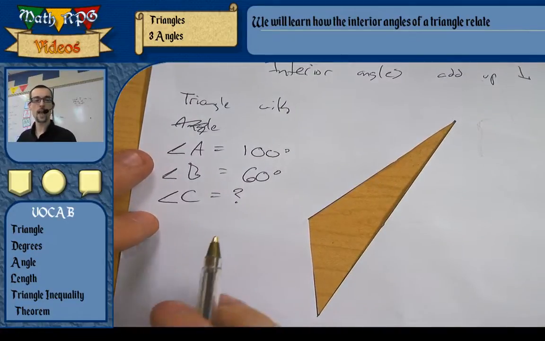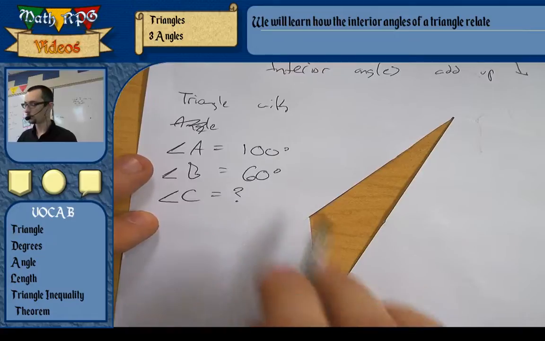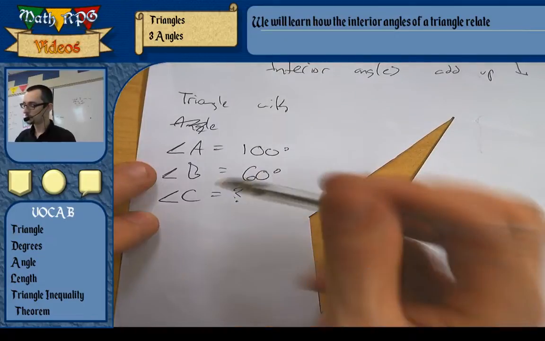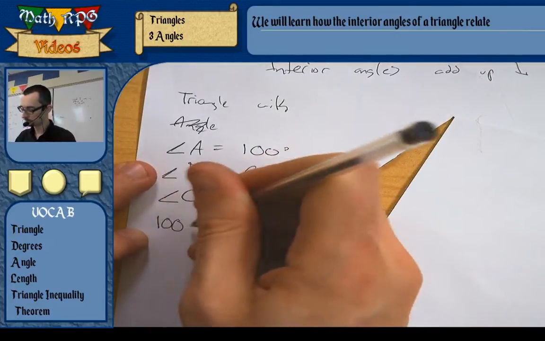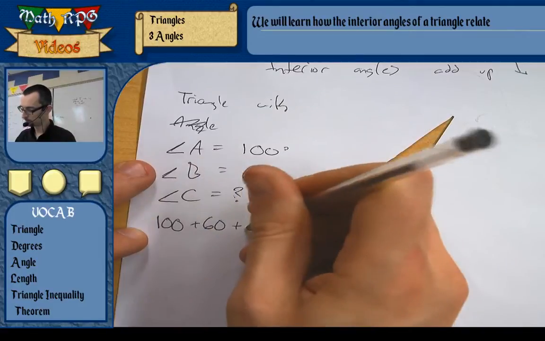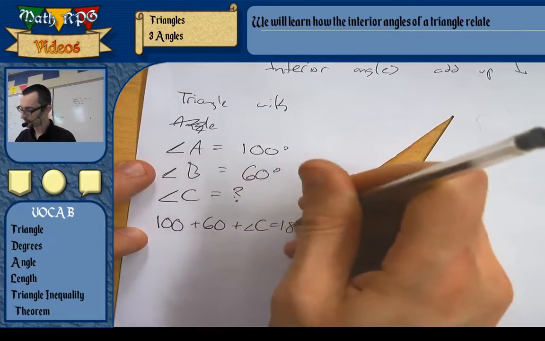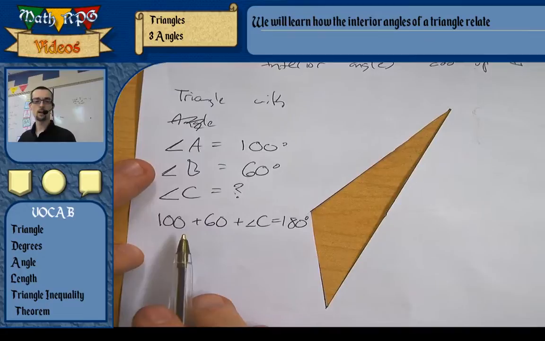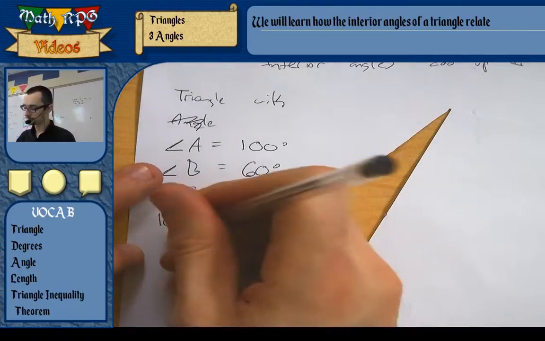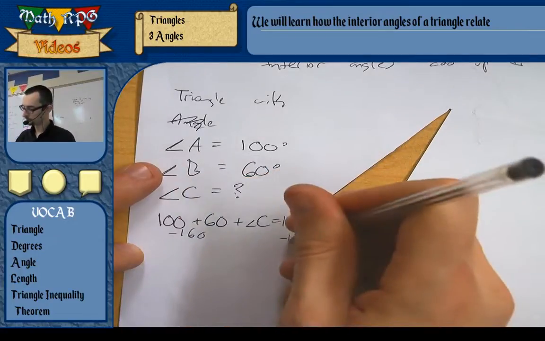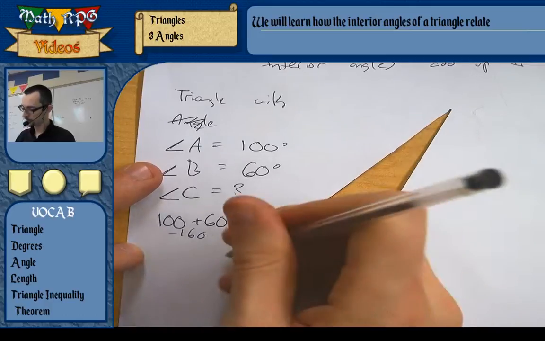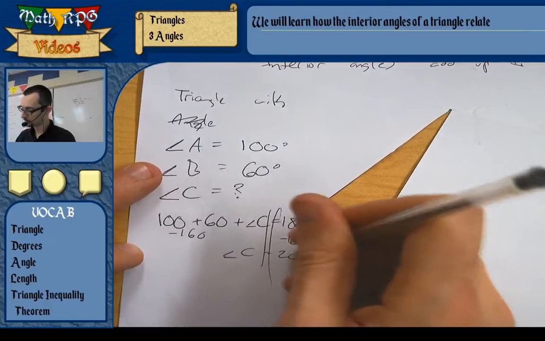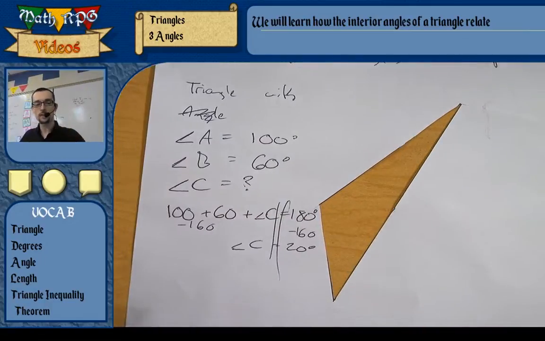You know that all three have to add up to 180. So 100 plus 60 plus angle C equals 180. Now you can subtract 160 from both sides, and you get angle C equals 20 degrees, right? So with any two angles, you can find the third one just by subtracting those other two from 180.